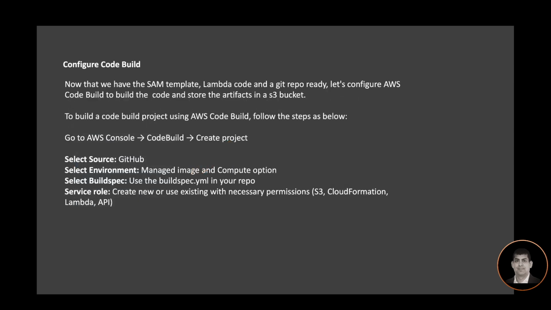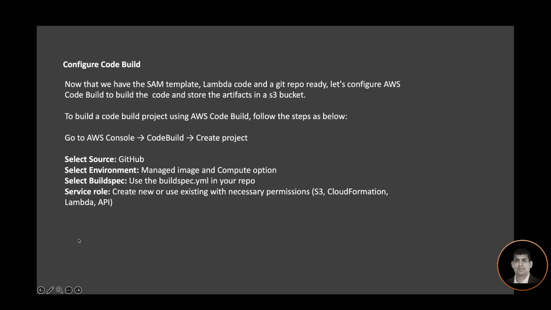Now that we have the SAM template, Lambda code, and a Git repo ready, let's configure AWS Code Build to build the code and store the artifacts in a S3 bucket. To build a code build project using AWS Code Build, follow the steps as below. Go to your AWS console, look for the code build service, and then once you are in the service, you create project.